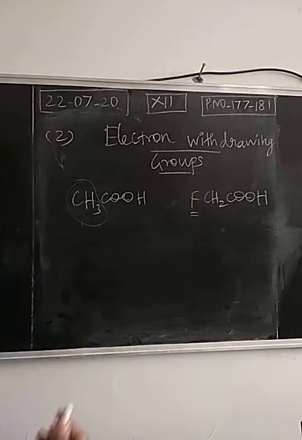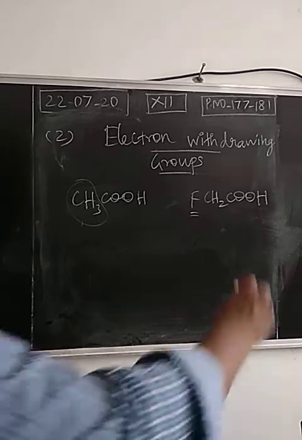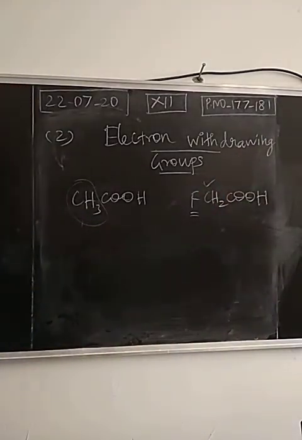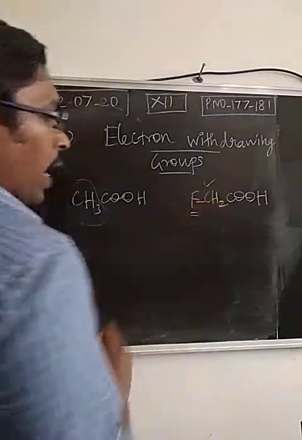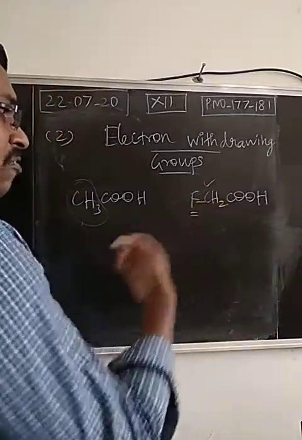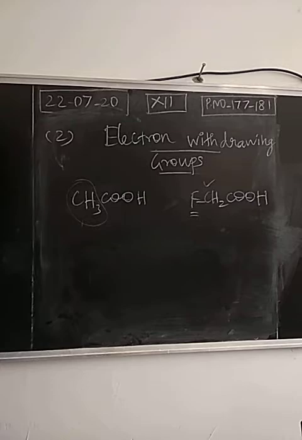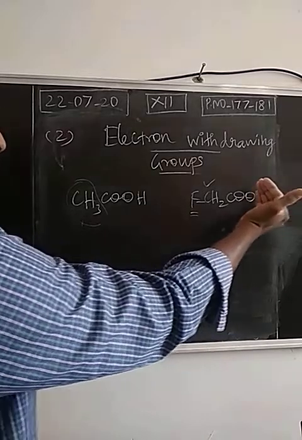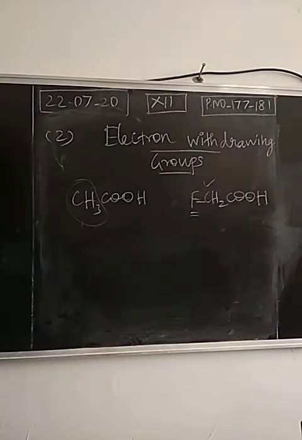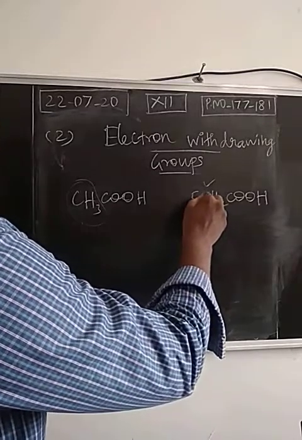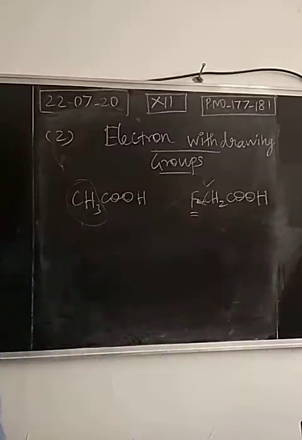Now the question is, which will have more acidic strength? This will have more acidic strength. Why? The electron withdrawing atom or group has the tendency of attracting the shared pair of electrons towards itself. So all the bonded pairs of electrons are moving towards the electron withdrawing atom or group. So here also electron displacement takes place.